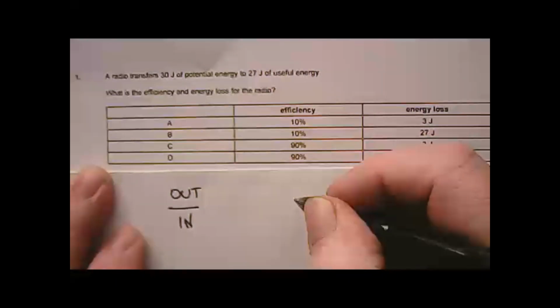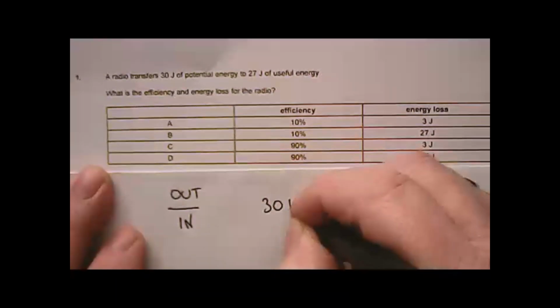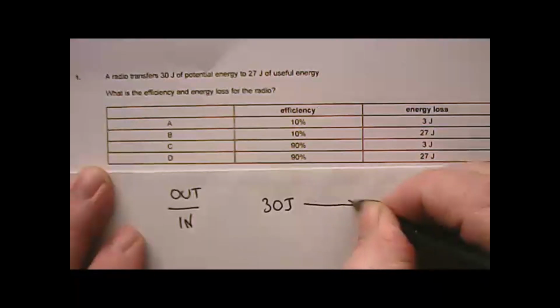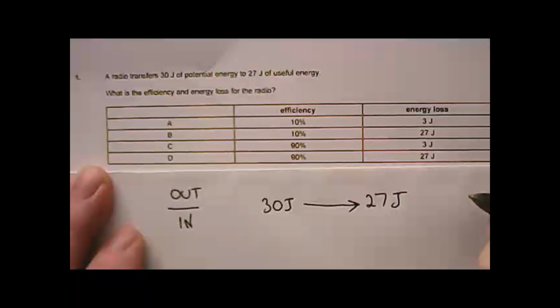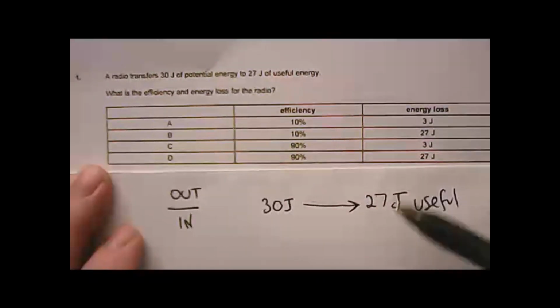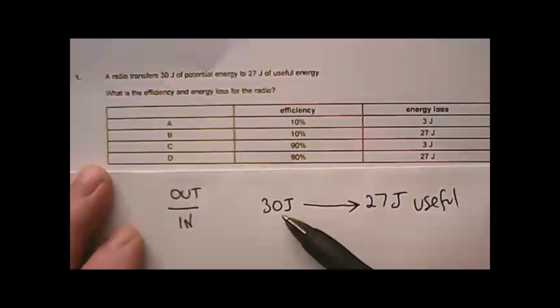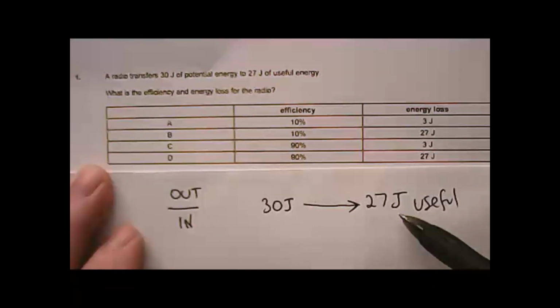Okay, we could say we've started with 30 joules of energy. We've done something and we've ended up with 27 joules of useful energy. Now, the law of conservation of energy states that what we put in at the beginning, we need to be able to account for afterwards.